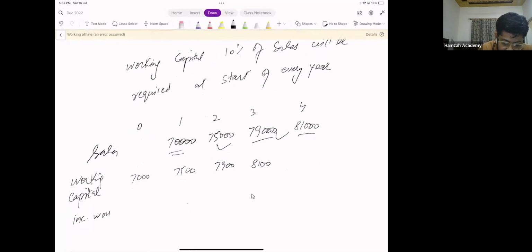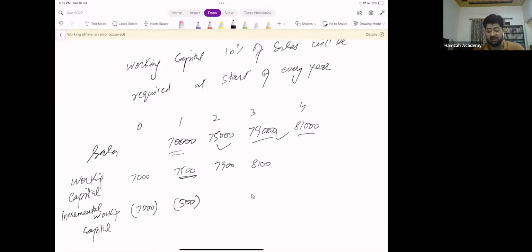Now, just see here. Incremental working capital. 7,000 is required, an outflow of 7,000. Next year, 7,500 required. 7,000 is already present, so an additional 500 outflow.